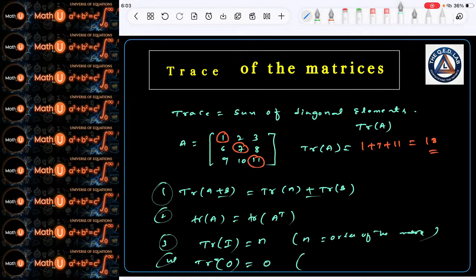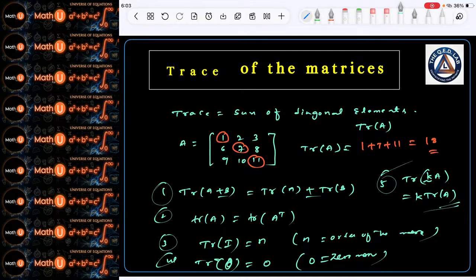Here O indicates the zero matrix. And there is one more property, trace of k times A, where k is any real number, you can take k outside, k times trace of A. These are the properties you should remember for trace. Very important.